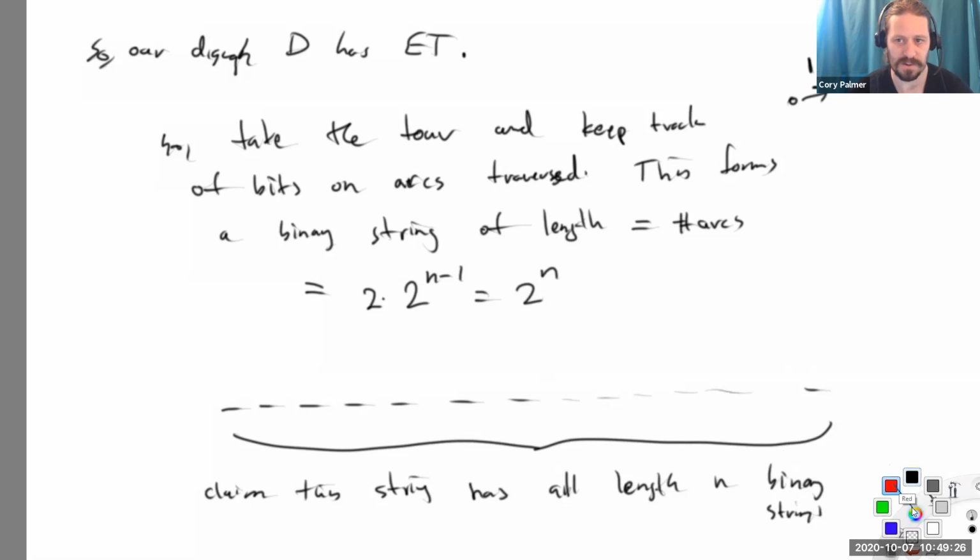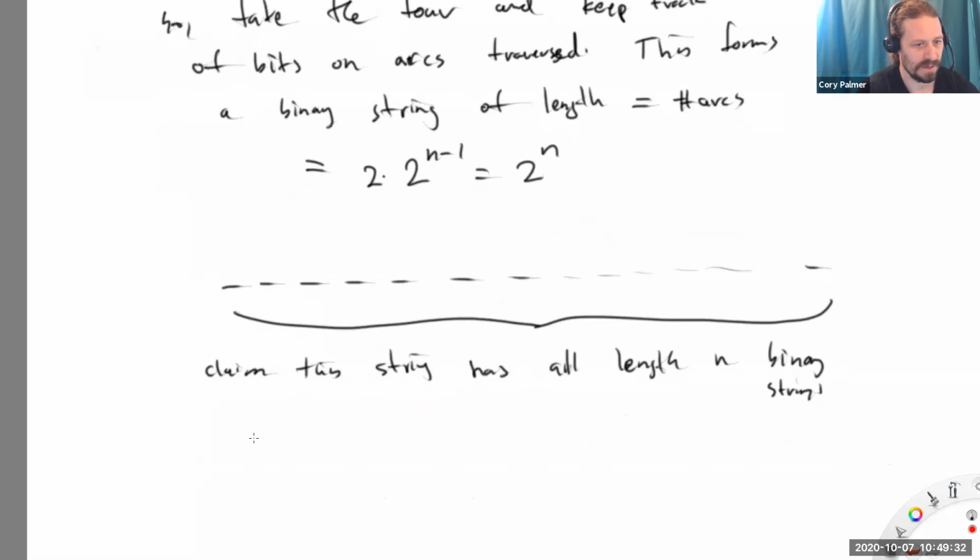Well, the idea is the following, and maybe I'll show this by example. So the idea is a length n string. What is that in my graph? It's not a vertex, right? The vertices are length n-1 strings, but a length n string is a vertex and an arc going out of it, right?